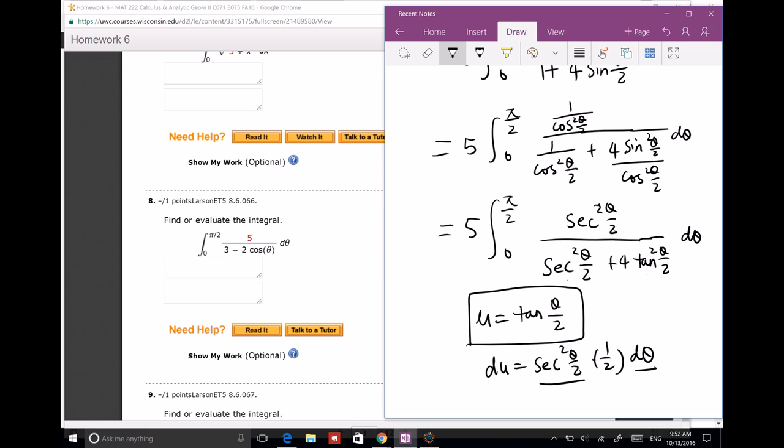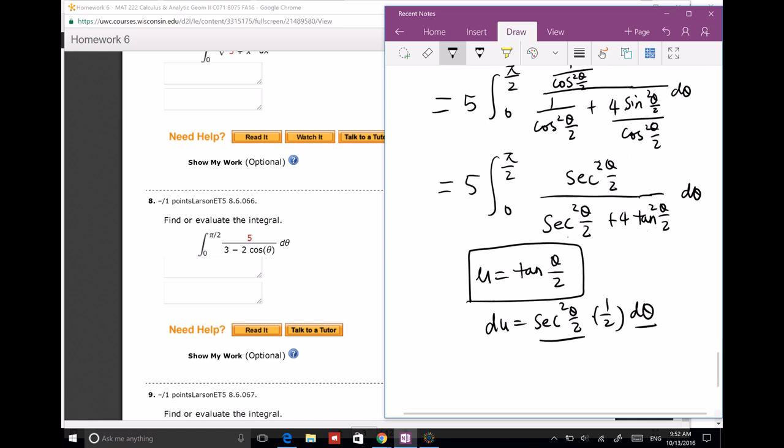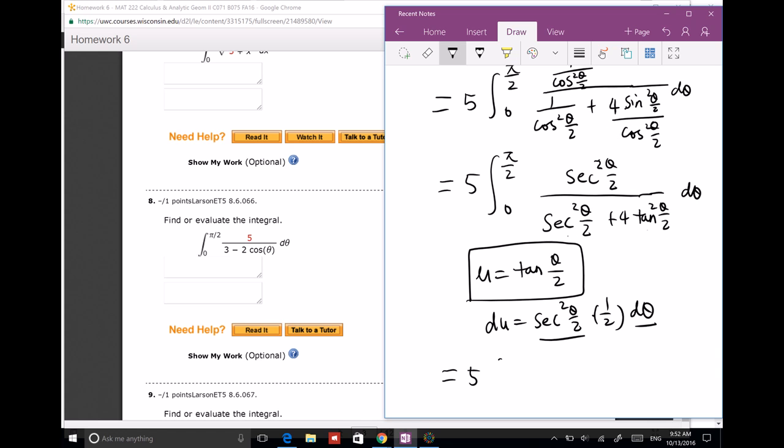The bottom you can change so that it only has u. You can use partial fraction after this. So then you will have 5, and the limits pi over 2 and 0. The secant squared of theta over 2 is du, and you have the over 2 here, so you can put it in the front. The bottom is u squared, because this is u, plus 1, since secant squared is tangent squared of theta over 2 plus 1.